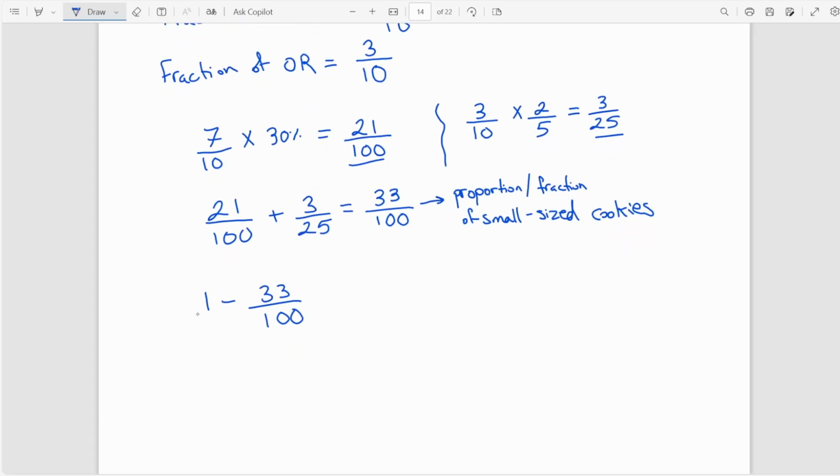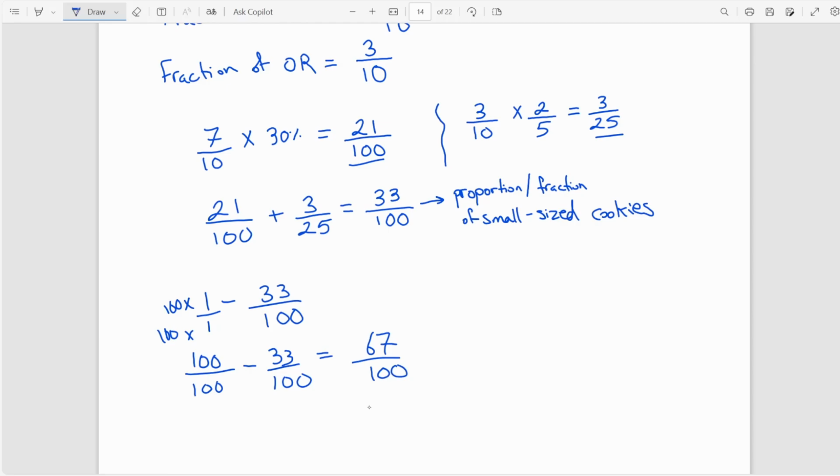Because what this will be basically, you will just make a common denominator over here, and you'll be subtracting 100 over 100 minus 33 over 100, okay? So you're finding the complete opposite. This gives you 67 over 100.